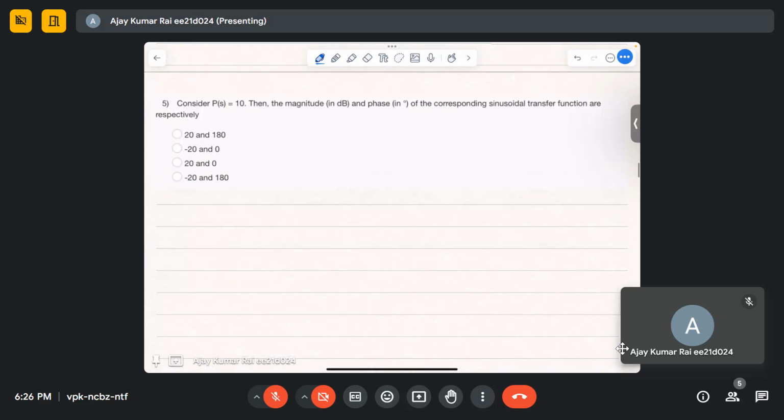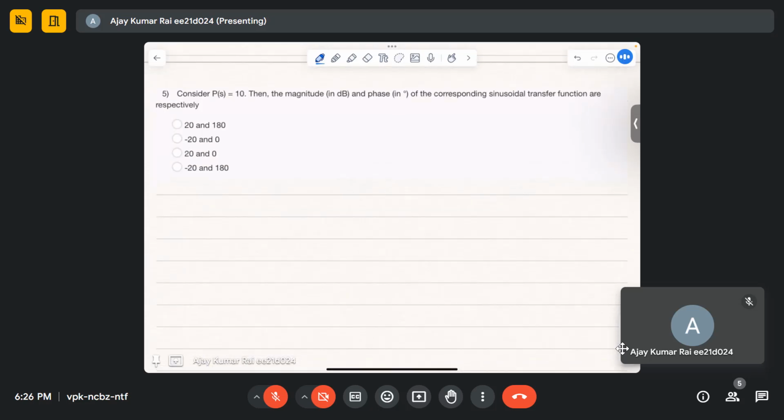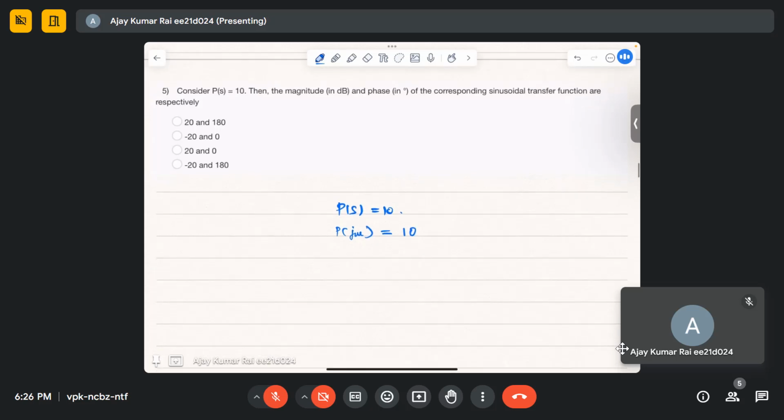Simple question. Fifth is, consider P of s equal to 10. The magnitude in dB and phase in degree of the corresponding sinusoidal transfer function are, respectively. So if you want to find the sinusoidal transfer function, you put s equal to j omega. Because it's a constant, equal to 10, we have to find the magnitude in dB.